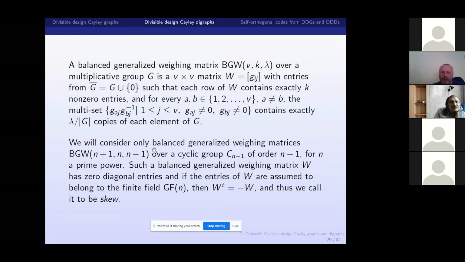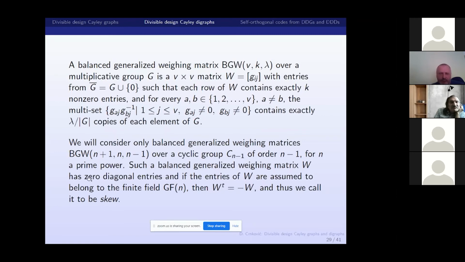We'll consider only balanced generalized weighing matrices with these parameters n plus 1 and n minus 1 over a cyclic group of n minus 1 elements, where n is a prime power.